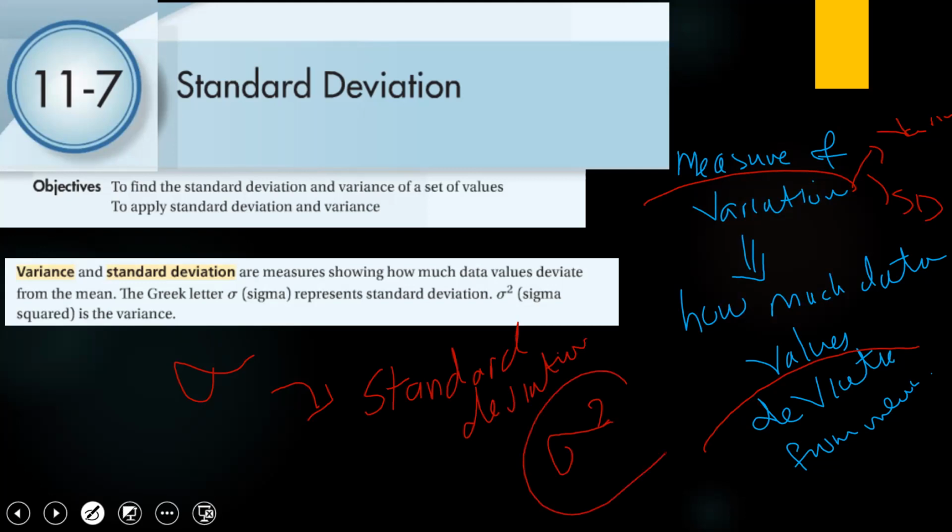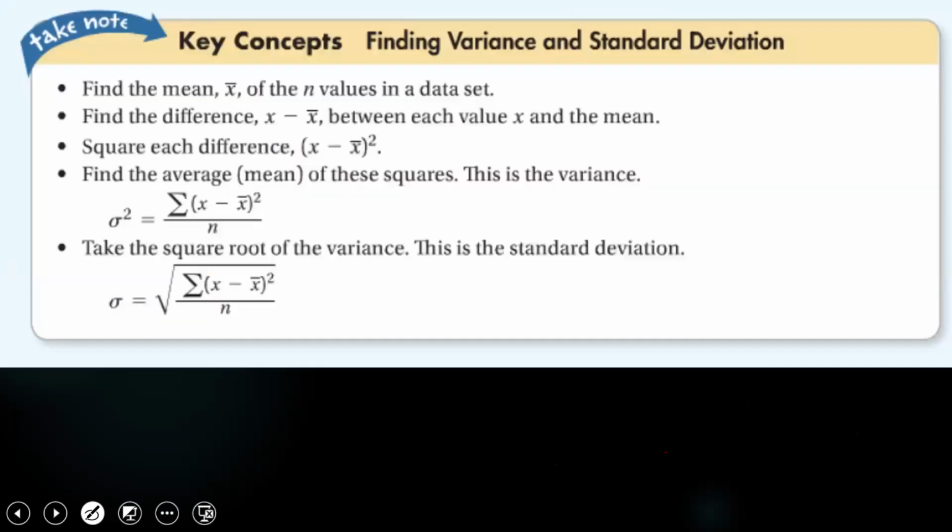Now let's see how we can find the standard deviation. After you find the standard deviation, square the value, and you will find the variance. Or, if you find the variance, take the square root of it, and you will find the standard deviation.